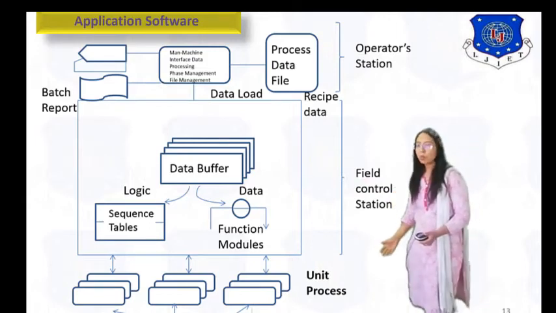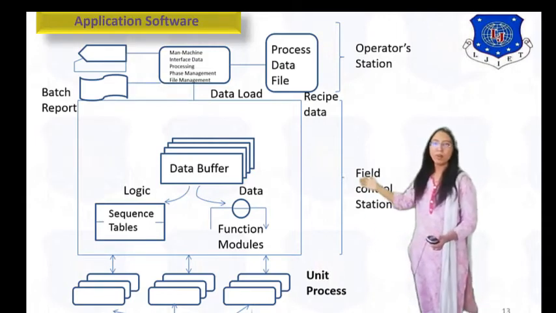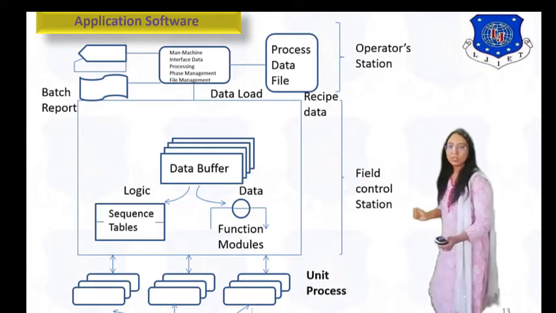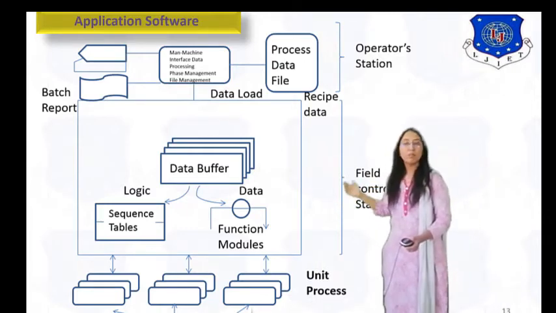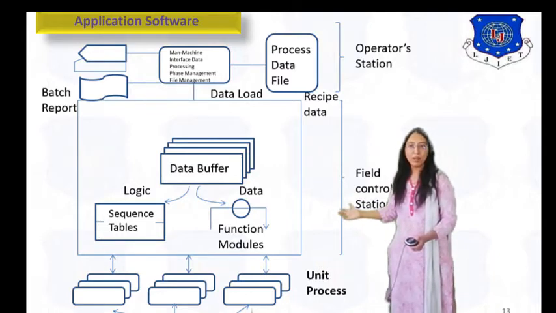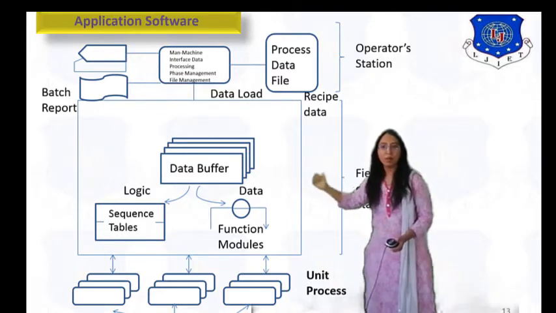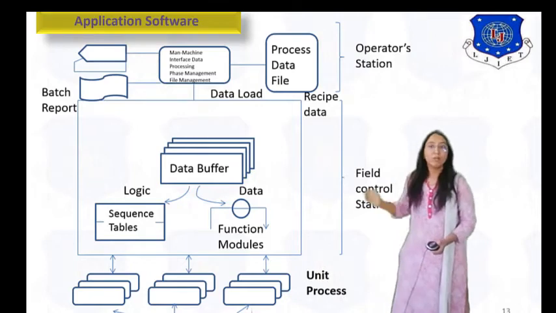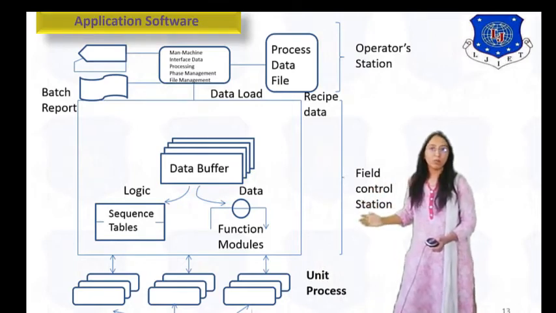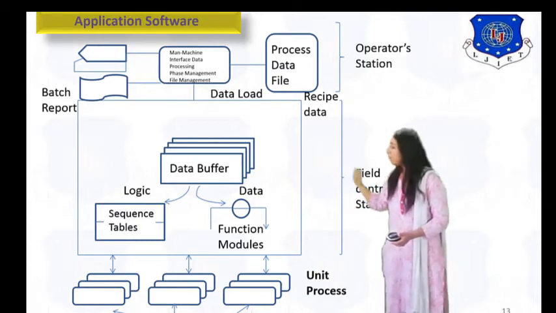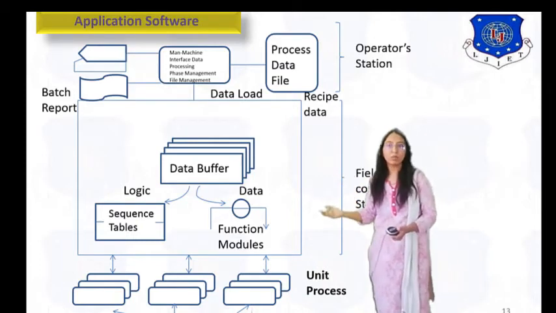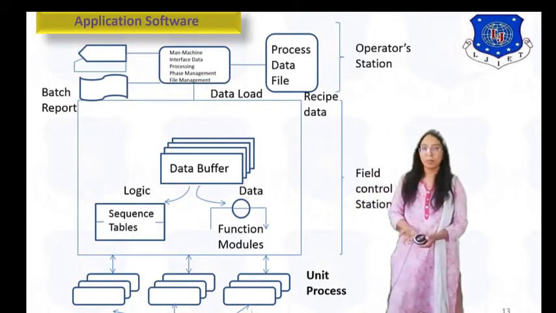So unit process data is transferred to the field control station. In the field control station, you can see functional modules and sequential tables are available. The function module is for data transferring and the sequential table we are using for our logic development.